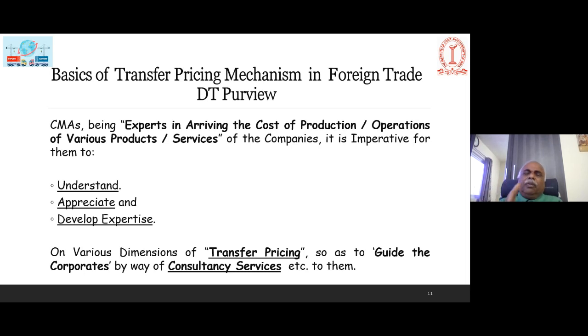That's why today I'm giving only the elementary nature of the potentiality and the basics. That's why the title is also basic. Today theory. And if at all the taxation committee permits, then we will discuss how to audit, how to upload the various documents with regard to transfer price mechanism, particularly in the foreign trade duty purview.